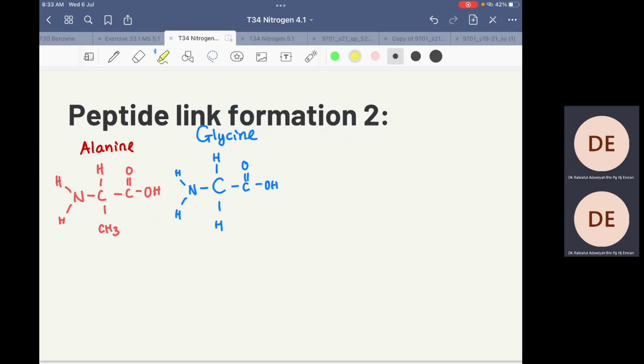Right, and this time, same thing. It's the hydrogen from the glycine on the amine group and the OH from alanine on the COO minus group to form another version. You may think it's the same, but it's not the same.